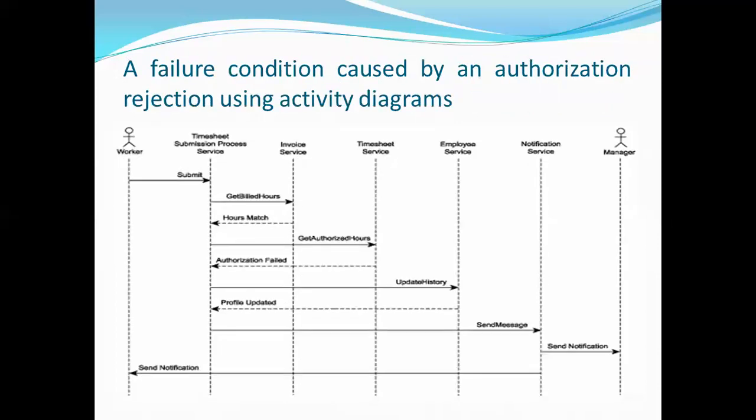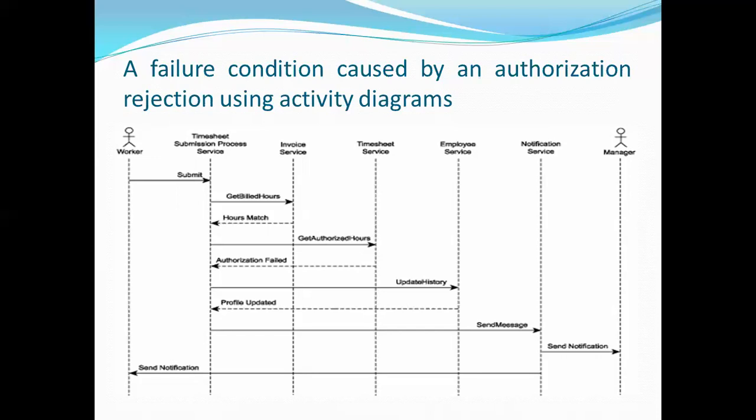The failure condition is what? You compare the billed hours with the recorded hours. You check that the authorization and the confirmation are available for that overtime hour or not.